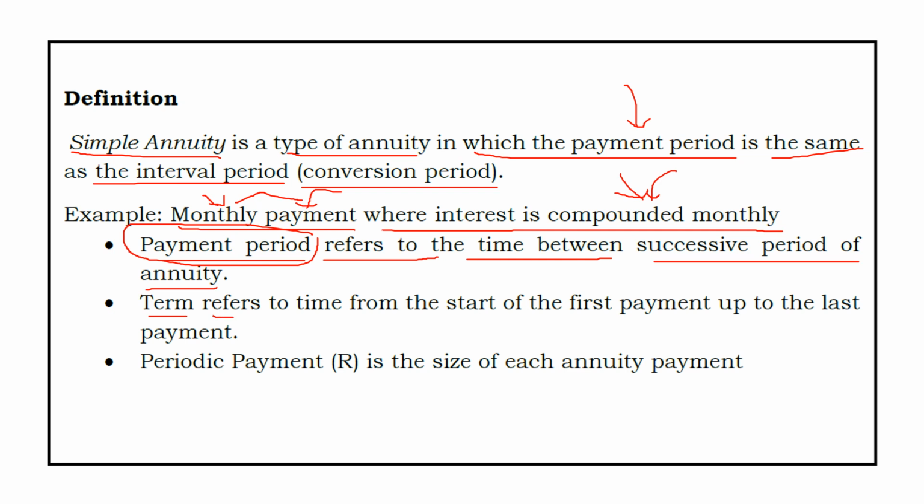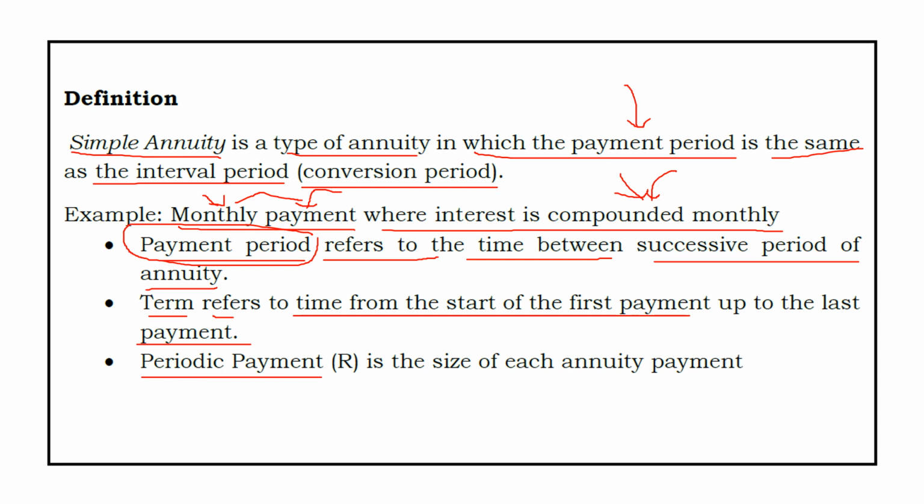It refers to the time from the start of the first payment up to the last payment. So it will start from the first payment up to the last payment. So that will be your term, from your first term up to the last term.